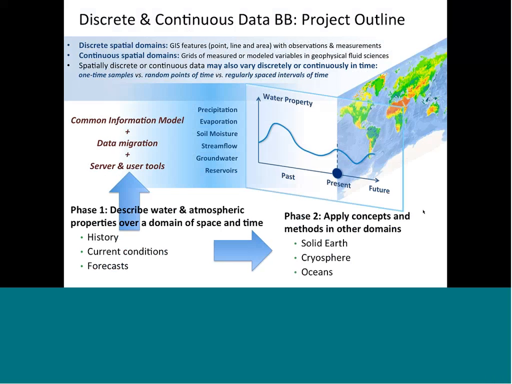The idea is to go from gridded data to time series data at a point and back and forth. So you can index into the gridded data into a stack of grids with the time series, or on a grid, pick a point and then see the time series. And this involves some information modeling and some data migration and tool development.